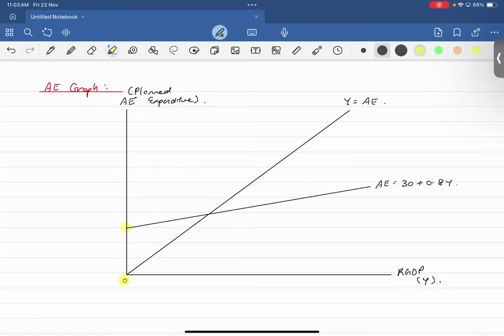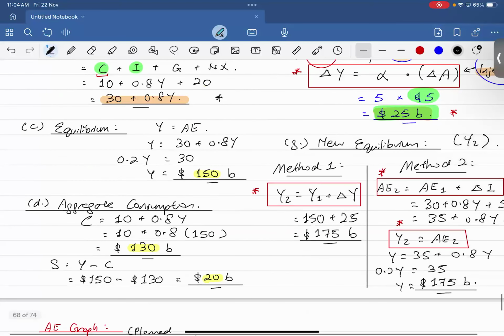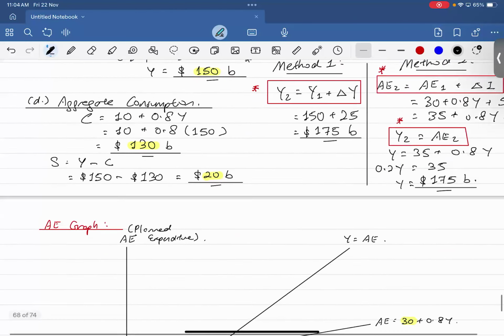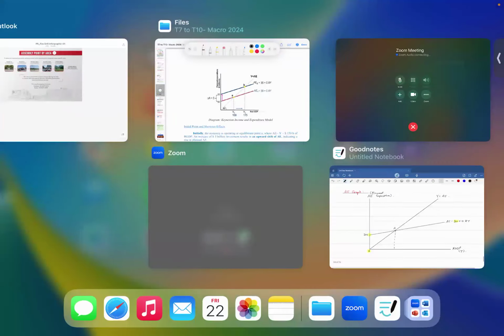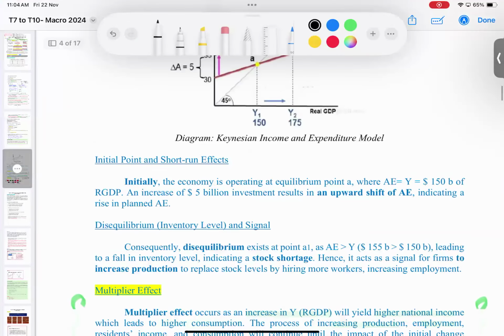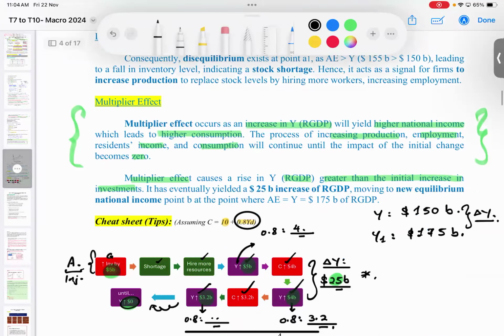Because when income is 0, this is your autonomous consumption, your autonomous expenditure, 30. Our first equilibrium is point A. At first, what is your output? Your output is 150, like the one we said just now.